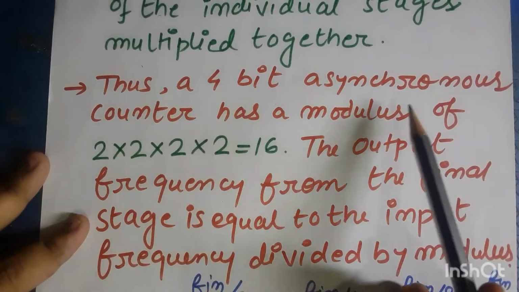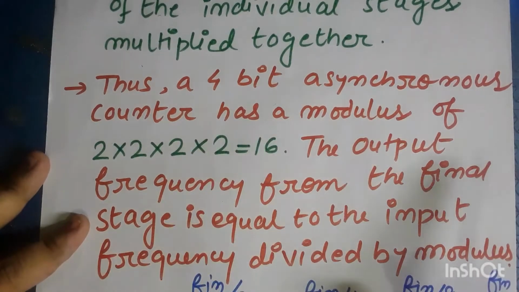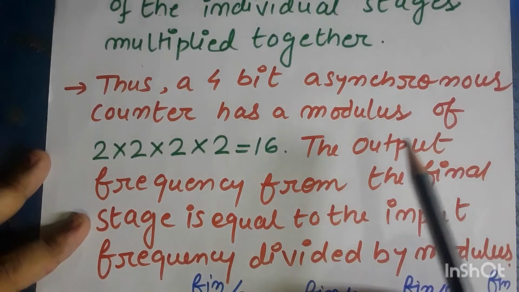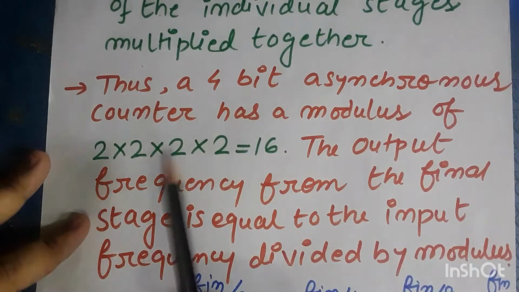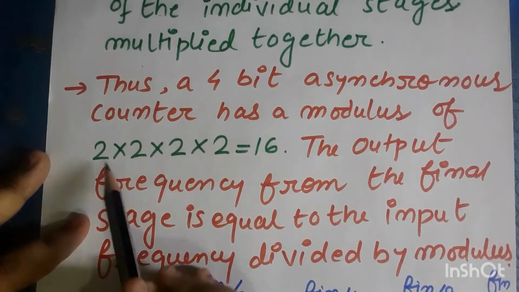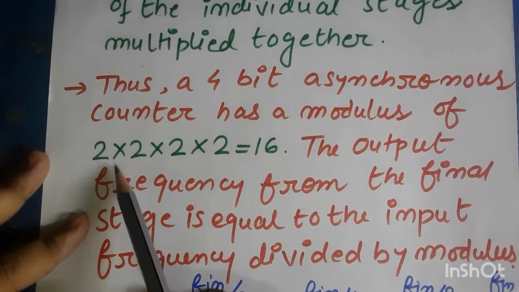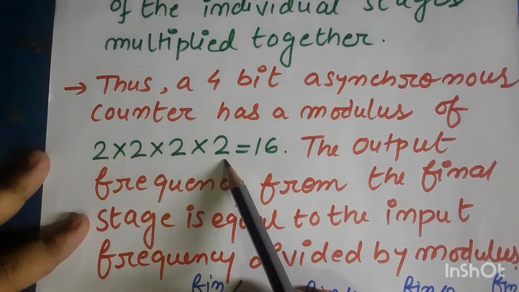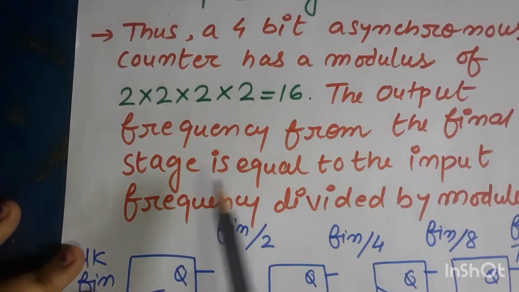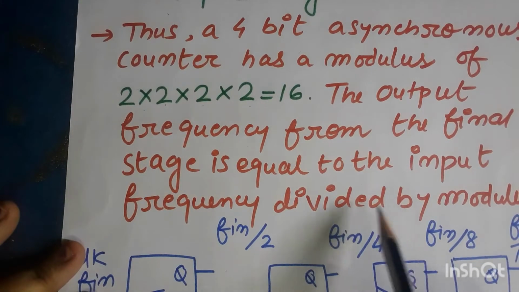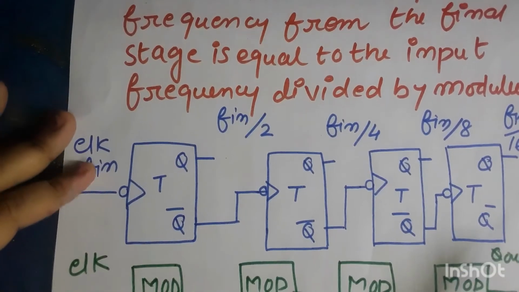Thus, a 4-bit asynchronous counter needs 4 flip-flops and has a modulus of 2 multiplied by 2 multiplied by 2 multiplied by 2, which is equal to 16. The output frequency from the final stage is equal to the input frequency divided by the modulus.